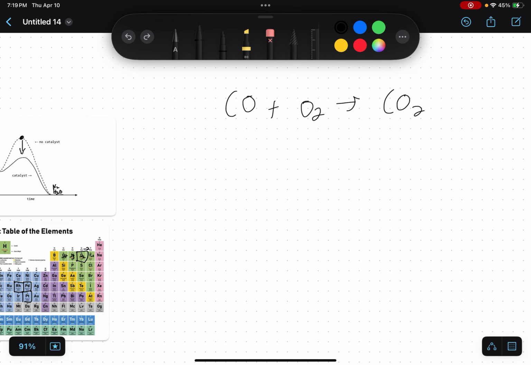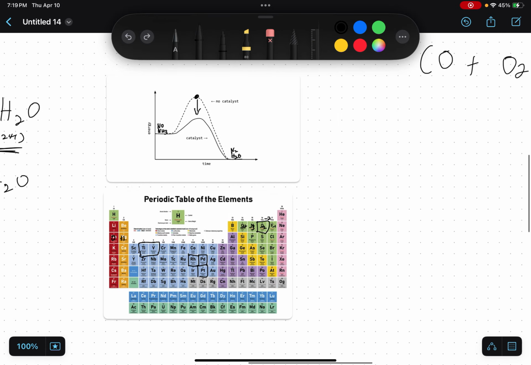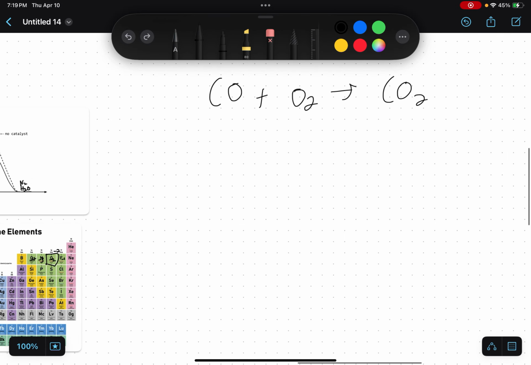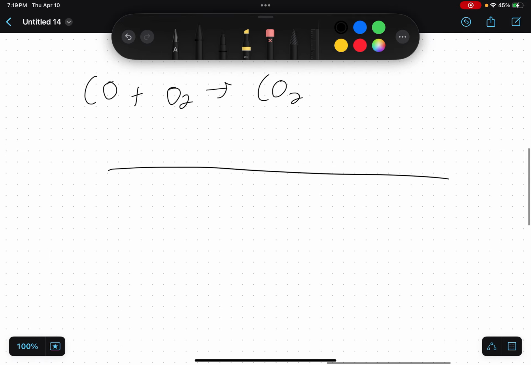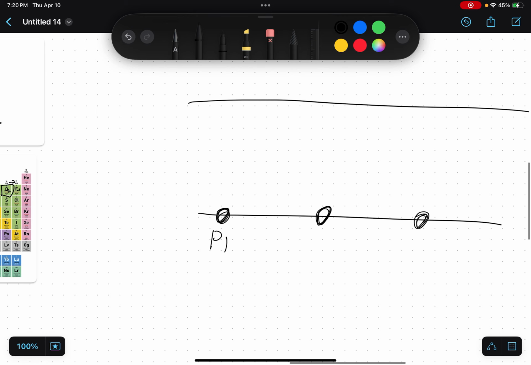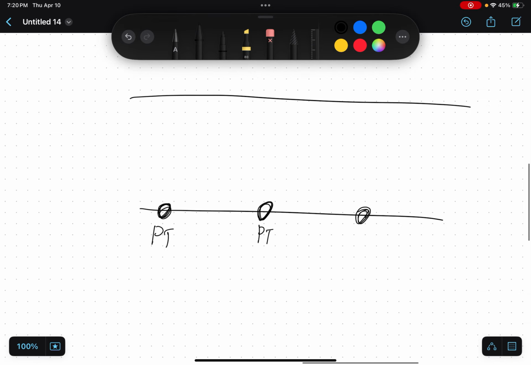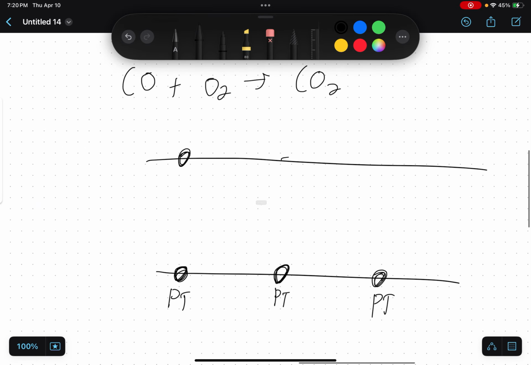For this demo, it'll make more sense if I just draw a tube. So you have your tube with a couple platinum atoms. It's the same if it's rhodium or whatever else, but let's just call them platinum atoms.